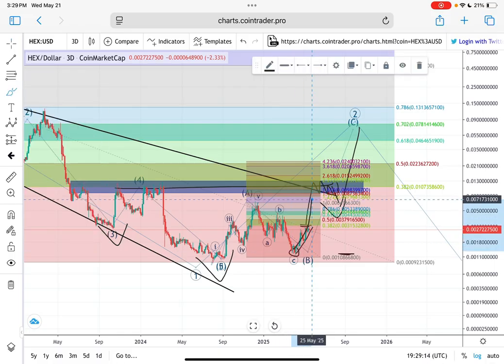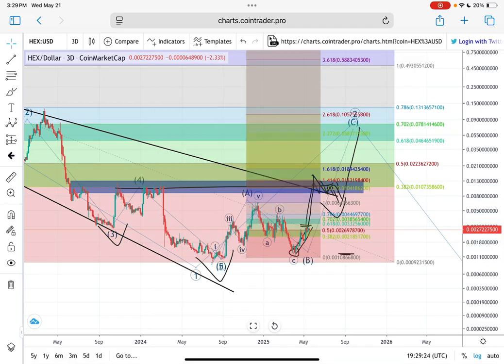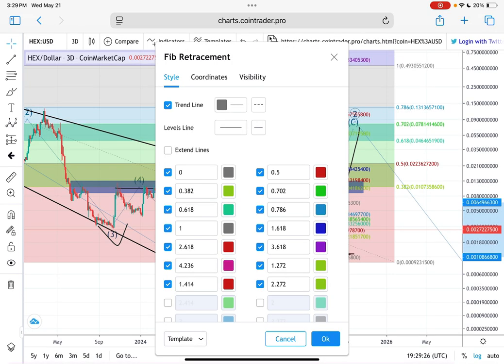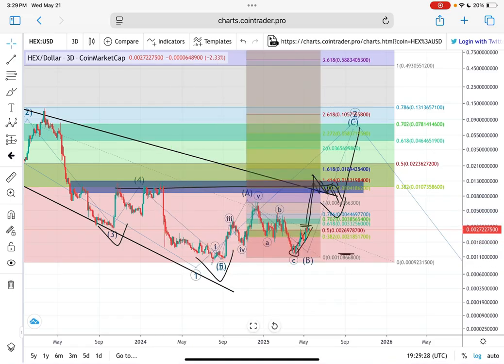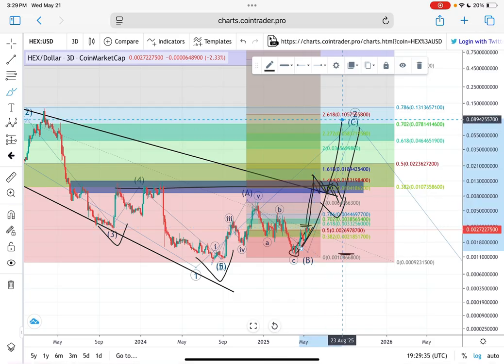Yes, you may come up to here, which is the 2.618 at 0.01, see a retrace from there, and then come up to these fibs for the wave 5.